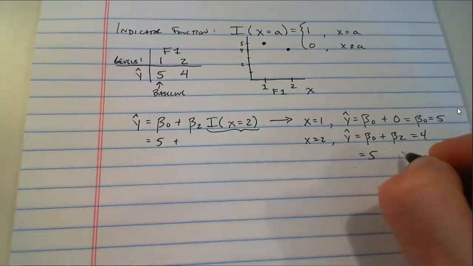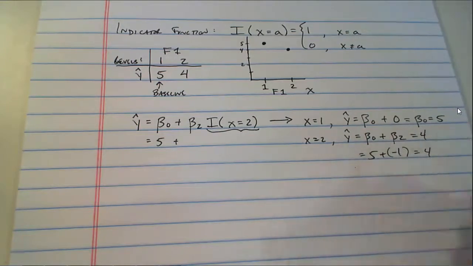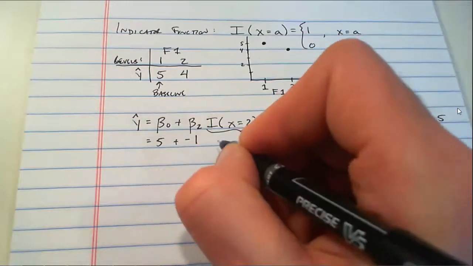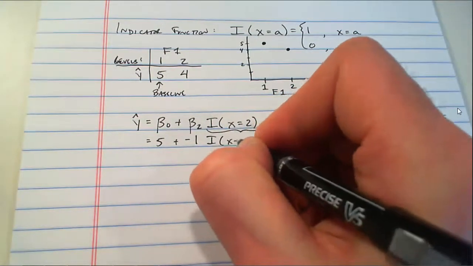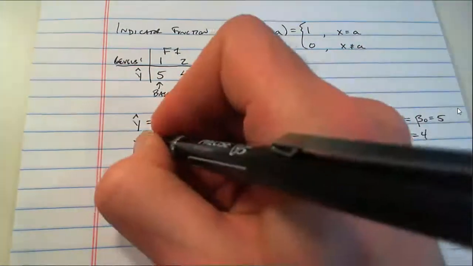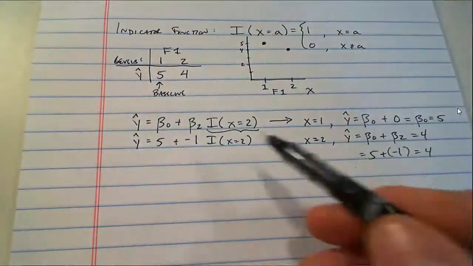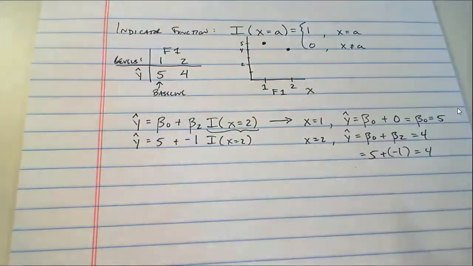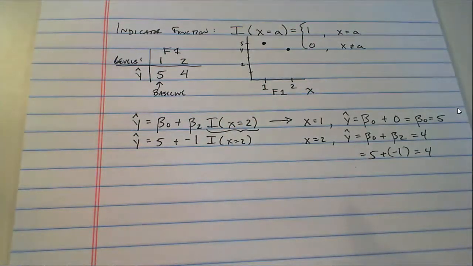Well, that's 5 plus something equals 4. You guessed it, minus 1. So beta 2 is a minus 1 times the indicator, x equals 2. And that is our model equation.